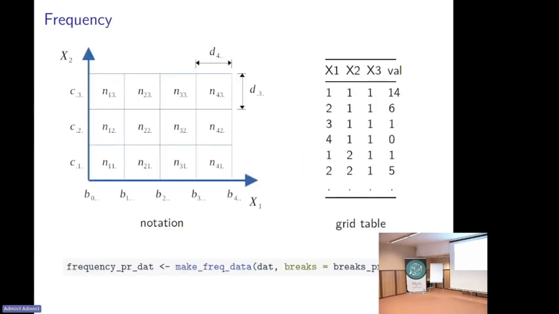This is perhaps better to show in a picture: what are breaks, what are center points, what are differences or sizes, and how the frequency table looks in the computer as data. So this is the foundation of every other step in this approach.